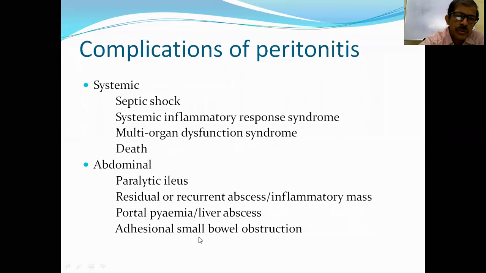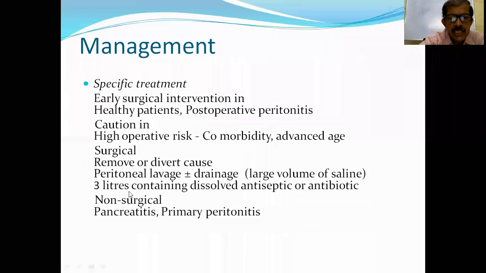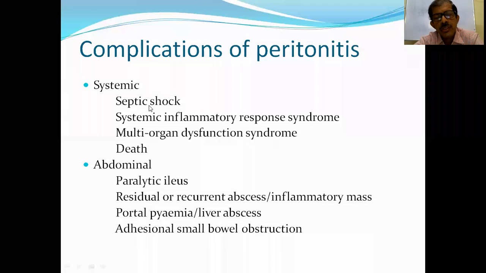So ultimately, in systemic complications you should prevent SIRS and MODS, whereas in local, you should prevent adhesions. How? By copious irrigation, right? So that is about peritonitis.